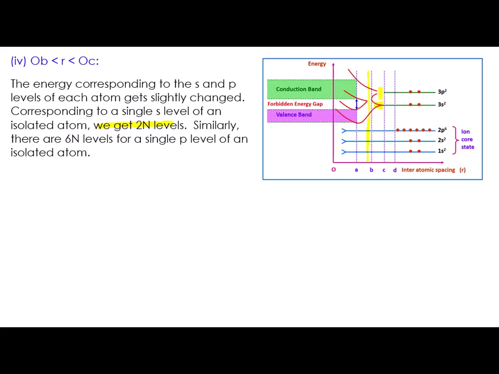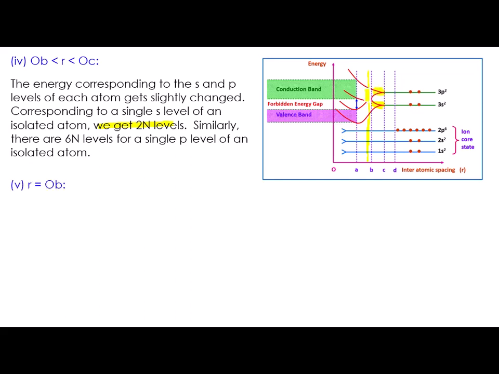Similarly, we get 6n levels in the top band. So, the splitting happens for the 2n energy levels of the 3s level, and for the 6n energy levels in the p subshell.